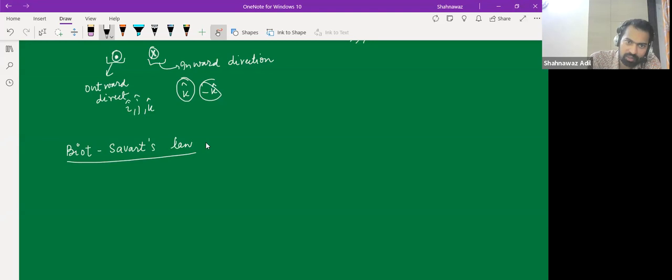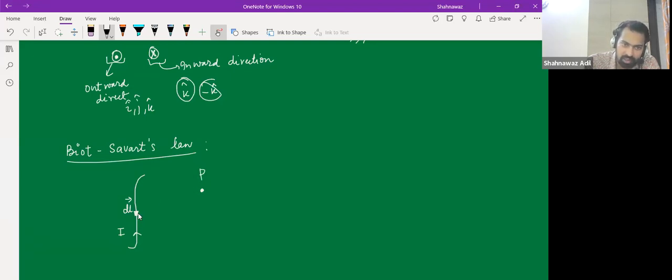What does the Biot-Savart law say? Let's say that we have a current carrying wire, and the current is I. Let's say we take a small length element here, which is a vector, and we are measuring the magnetic field at this point.